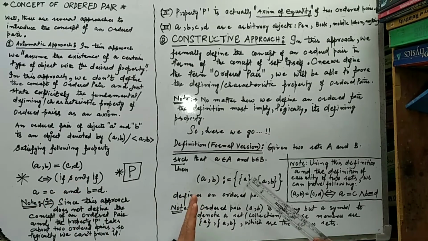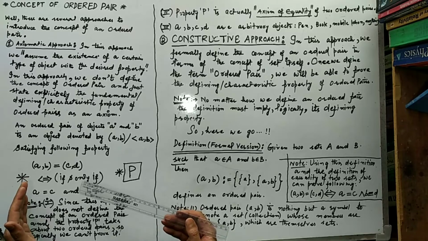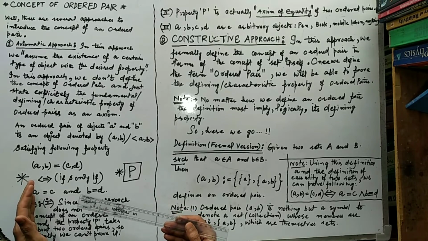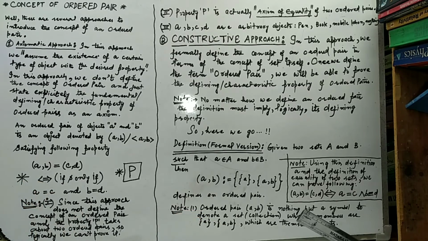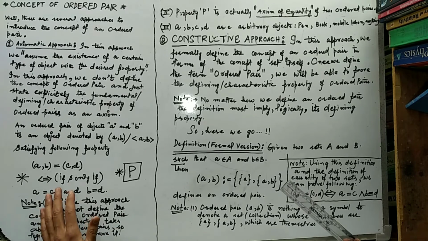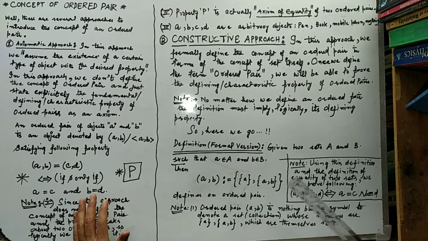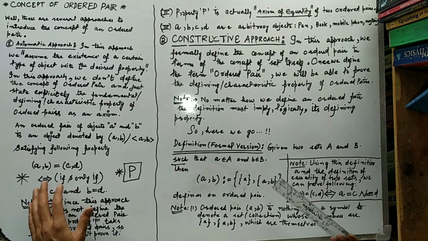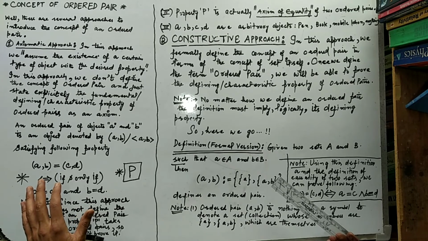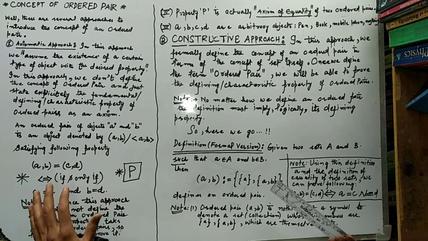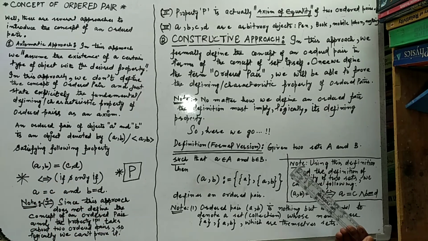Using this formal definition and the axiom of extensionality, you will be able to prove this fundamental property of ordered pairs. I will prove that this property of ordered pairs actually holds. Thanks a lot.